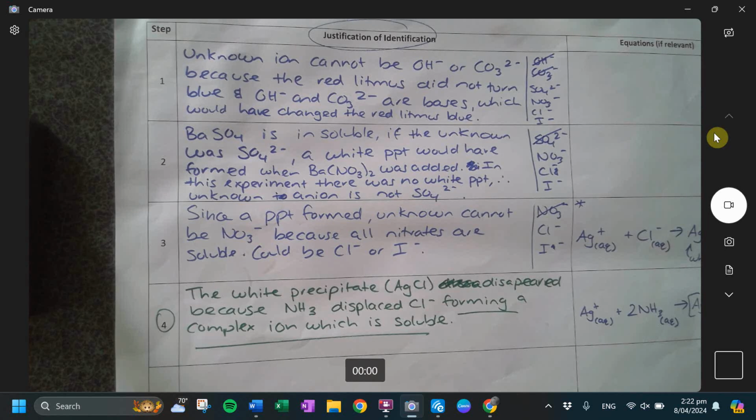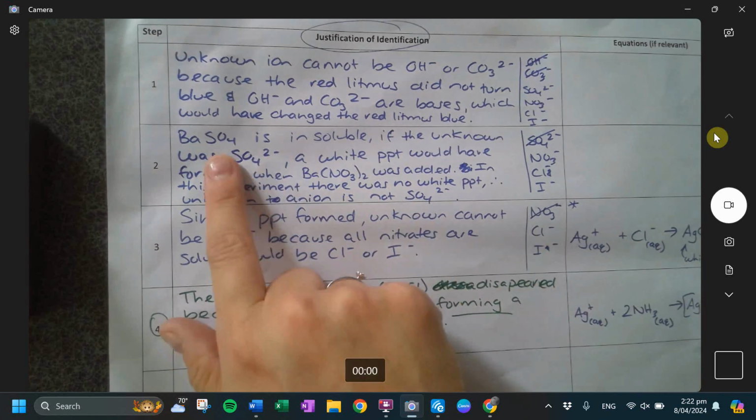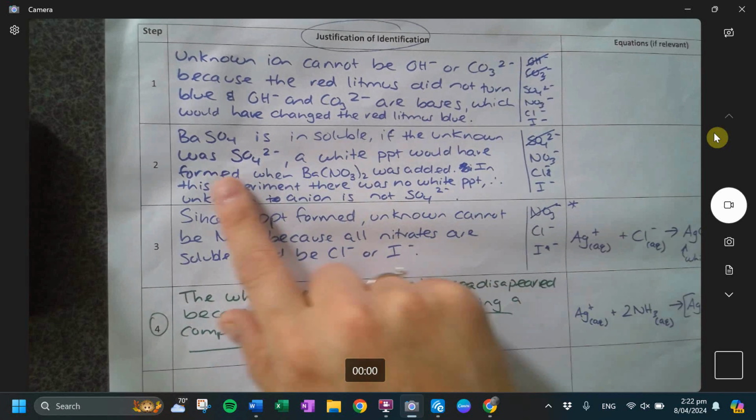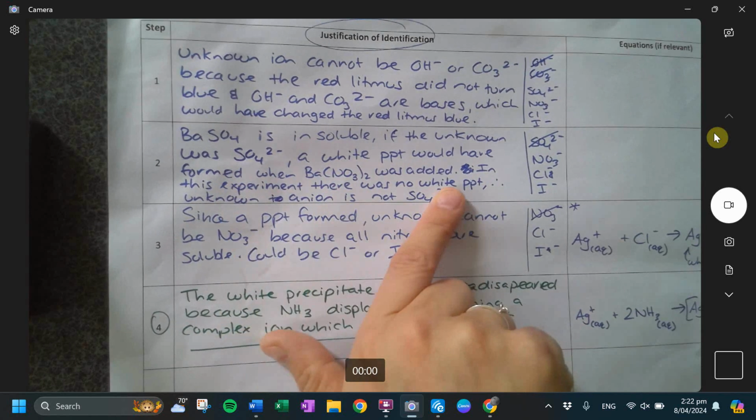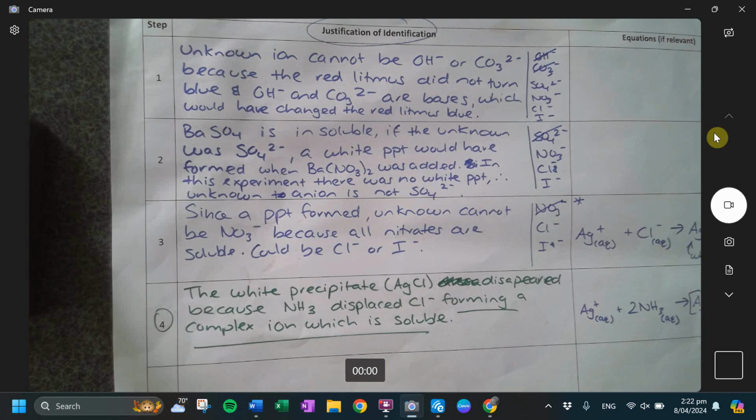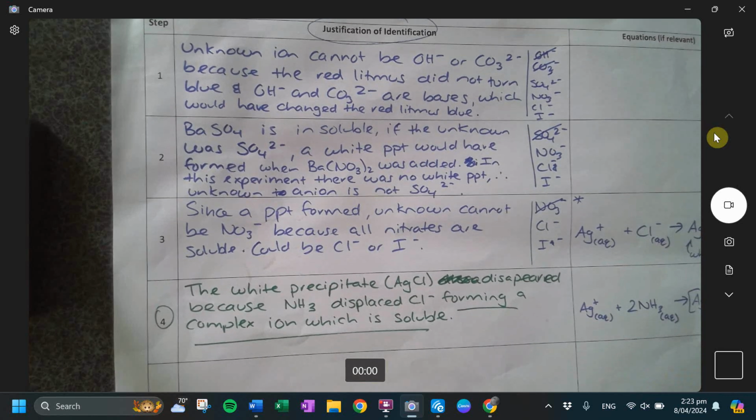A lot of you didn't mention that all sulfates are soluble with the exception of barium sulfate. So you can see in here I said barium sulfate is insoluble. If the unknown was sulfate, a white precipitate would have formed when barium sulfate was added. So you see that's the justifications that I'm looking for.